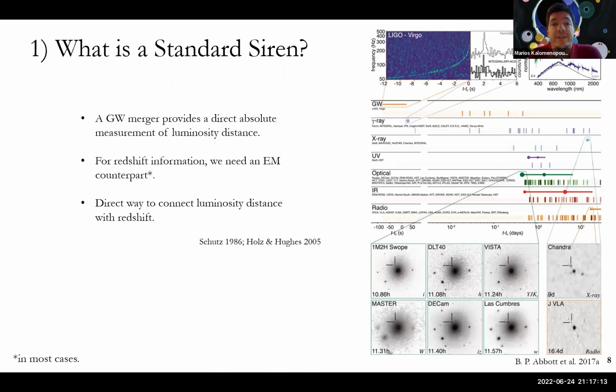So first of all, what is a standard siren? A standard siren is a gravitational wave observation where we have managed to observe an electromagnetic counterpart. So from that, we can get independent redshift information, and then use this to estimate a velocity, and through the Hubble law manage to constrain the Hubble parameter.